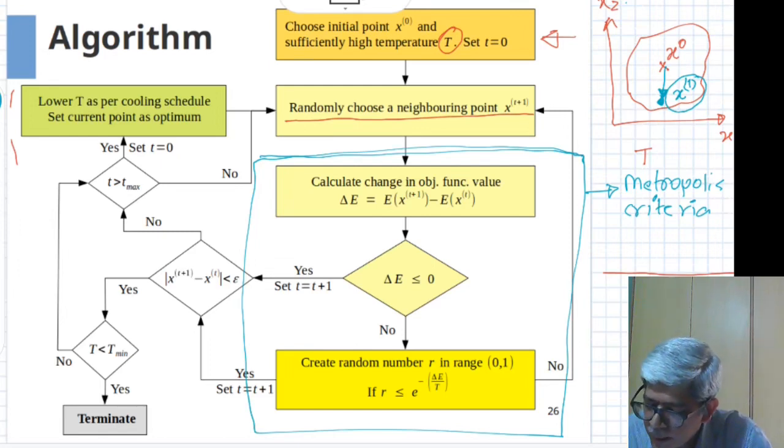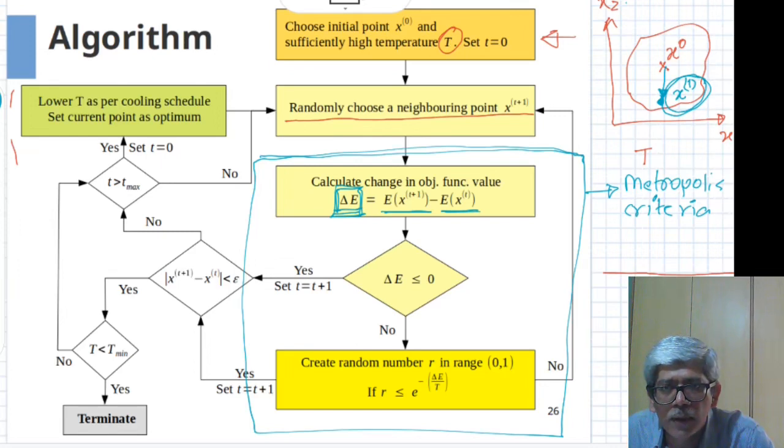In this particular criteria, the first check is done with respect to this new point, x1. You compare the energies of the new point and the old point. Remember that the energy is nothing but the objective function value. So you check whether the new point has a lower objective function value or a higher objective function value. This delta E is the change in energy level of the new point with respect to the old point. Now consider that the new point you have selected has an energy value, or objective function value, that has come down.